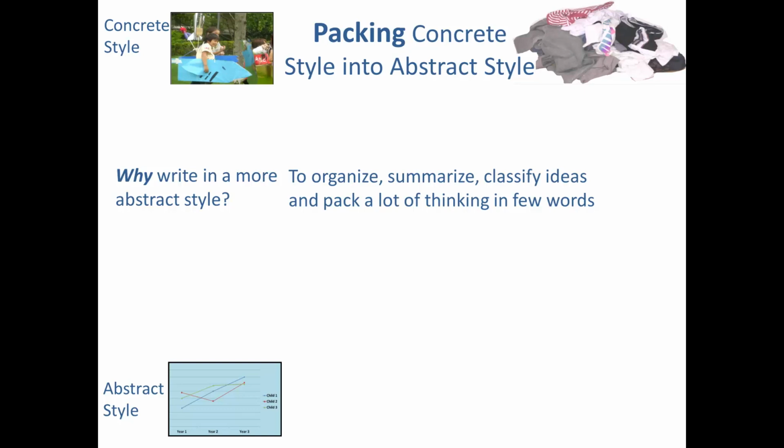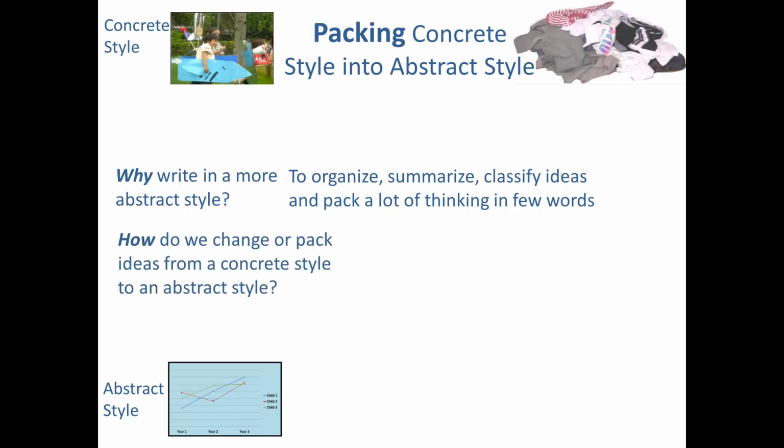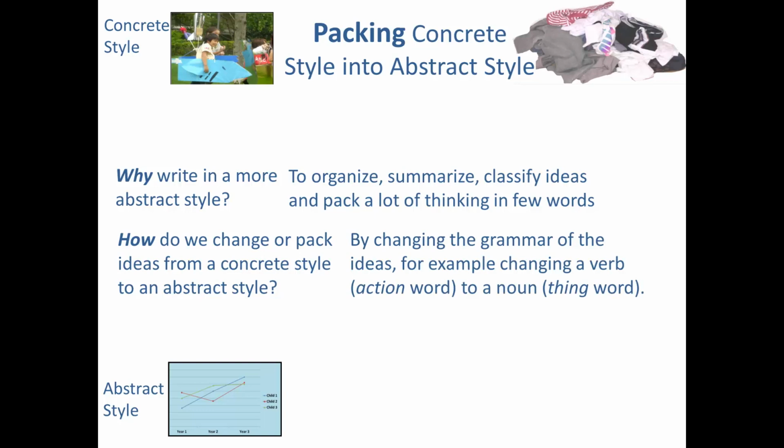We use an abstract style to classify ideas, and as we show in the video, we use the abstract style to pack a lot of thinking into a few words. And how do we change or pack ideas from a concrete style to an abstract style? We do this by changing the grammar of the ideas.